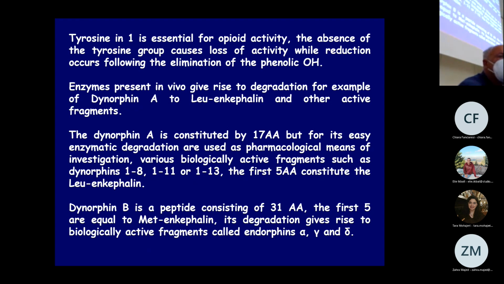Okay, here you can see some structure-activity relationships of this compound that we have already described. Tyrosine 1 is essential, and the phenolic OH is important.